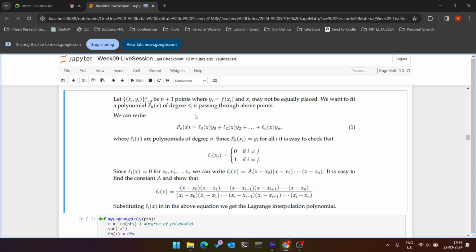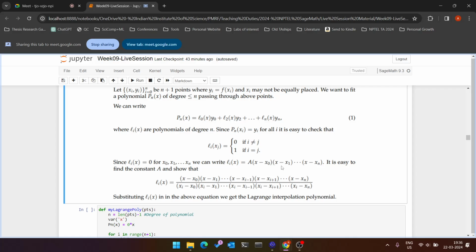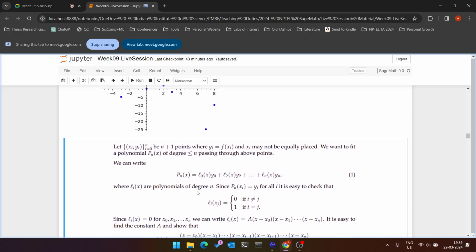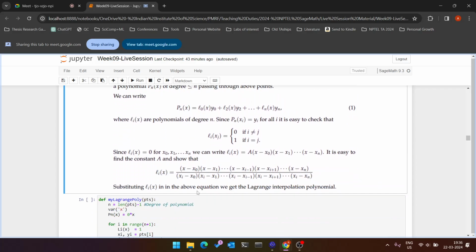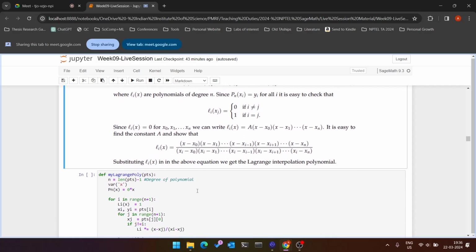Then we write down our nth degree polynomial Pn as L0 y0 plus L1 y1 plus L2 y2 all the way till Ln yn, with the requirement that Li of xj is delta ij, or 0 when i doesn't equal j and 1 when i equals j. And the way that we have done this is we basically write it as the product of x minus xj upon xi minus xj, with the condition that i should not be equal to j. So this has already been taught in the class, but I just wanted to mention it here for a brief recap.